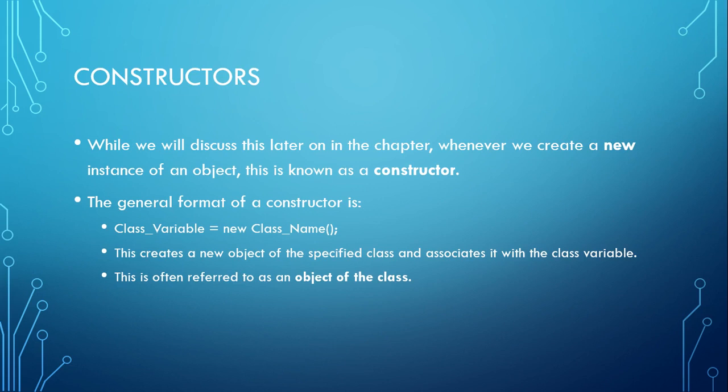For example, with the Scanner class, that was keyboard = new Scanner(System.in). With our DateFirstTry, that was date1 = new DateFirstTry. This creates a new object of the specified class and associates it with the class variable. This is often then referred to as an object of the class.